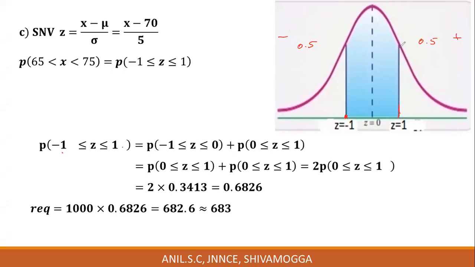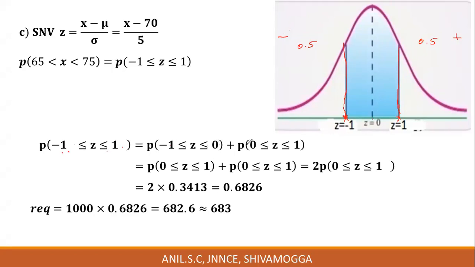The interval is from minus 1 to plus 1. Now split this interval into two subintervals. The first interval is from minus 1 to 0 and then 0 to 1.